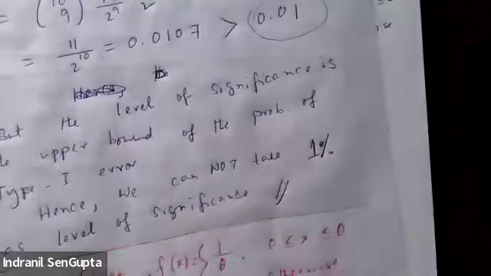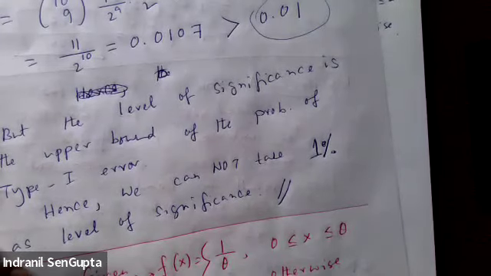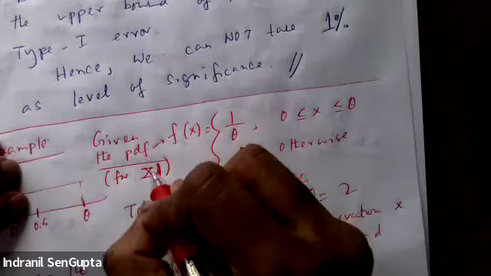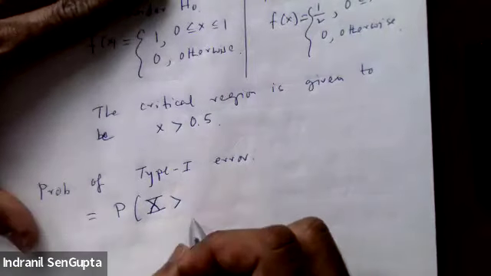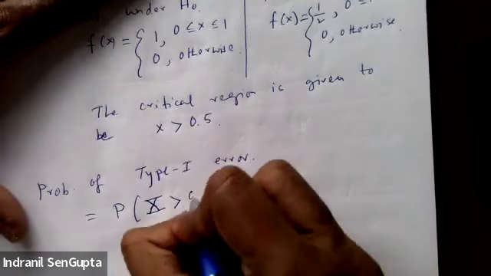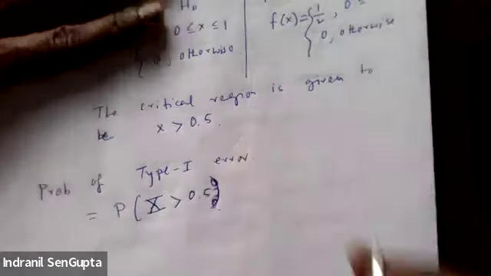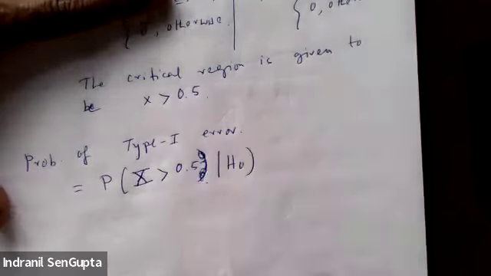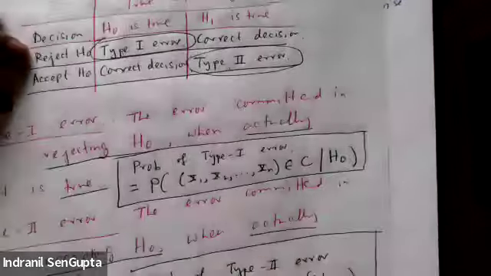This is the PDF of a random variable x. So what is the type 1 error? My x got to be more than 0.5 under the null hypothesis, right? So under H0. That's the definition. Remember? This is how we define the probability of type 1 error.